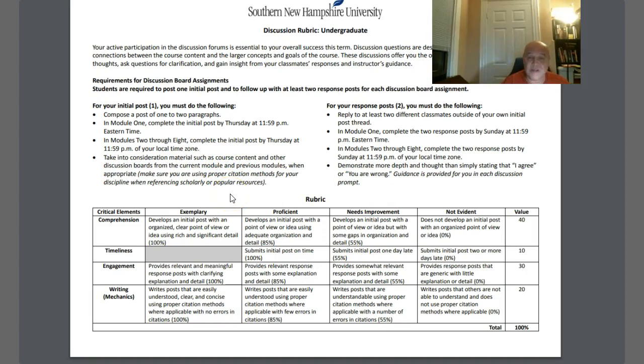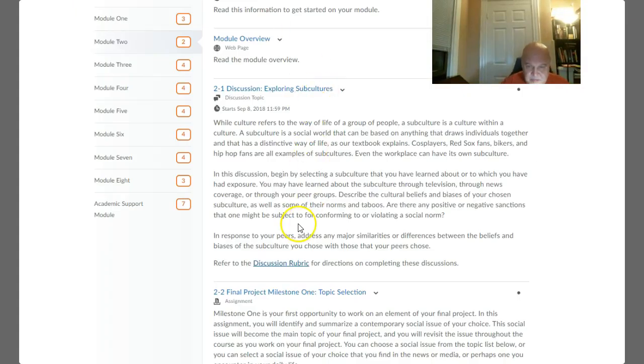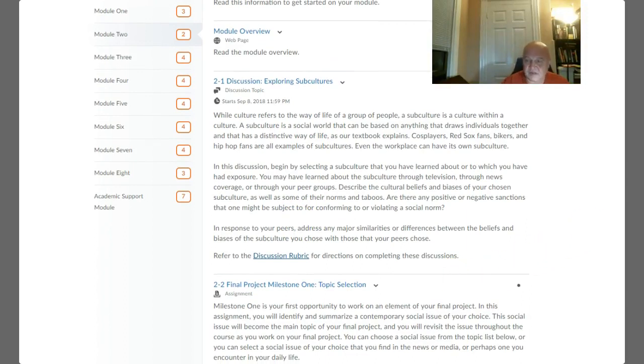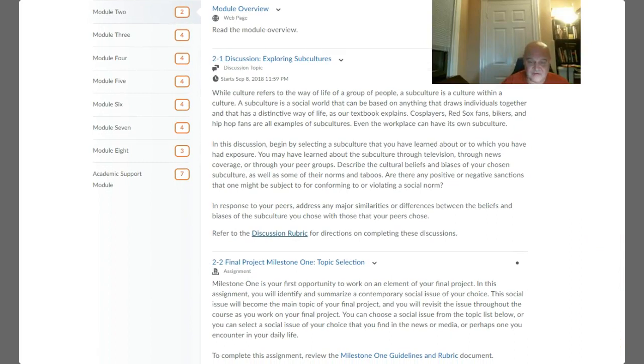So take a moment, if you're not already doing so, and have a look at that. We've talked a little bit about what a subculture is, and you will also find references in your text and supporting materials as well.